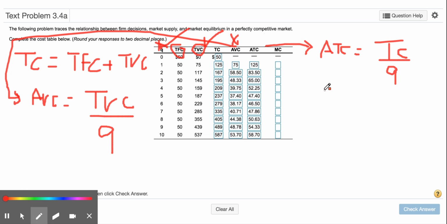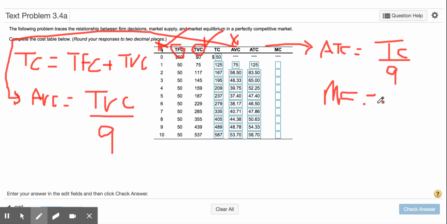As for the marginal cost, remember that marginal cost is change in total cost over change in quantity.